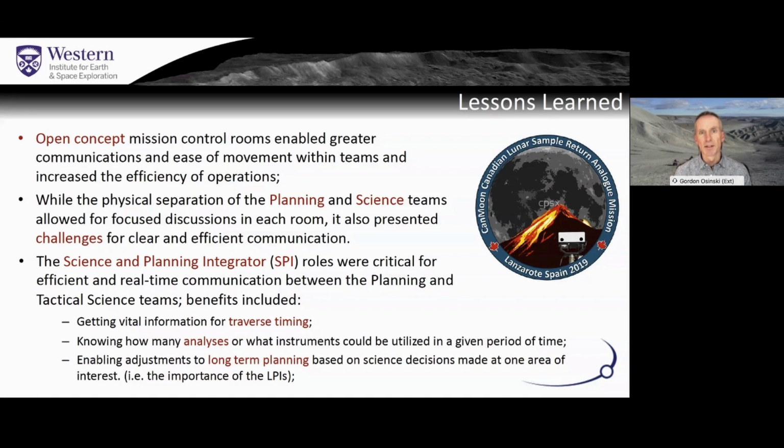Everything from getting vital information on traverse planning, keeping track of analyses, and the long-term planning. We actually modeled this because we had people on the team involved in the ROAST activities that some of you may be familiar with in the lead up to Mars 2020, and that was the science engineering lead that we called it in the ROAST activities. So we did find this to be a really quite critical piece of the architecture. Next slide, please.